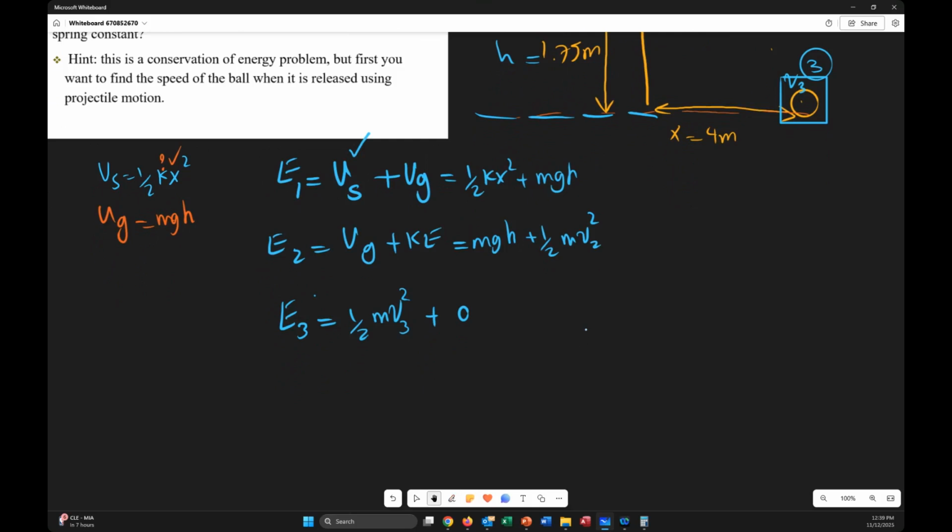The energy at situation number one is going to be equal to the energy at situation number two, and equal to the energy at situation number three. Why? Because there is no dissipative force. When there is no dissipative force, energy is conserved. So I can say energy at situation number one equals energy at situation number two equals energy at situation number three. Good.